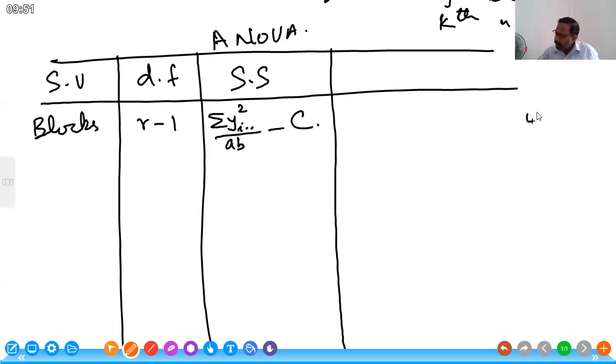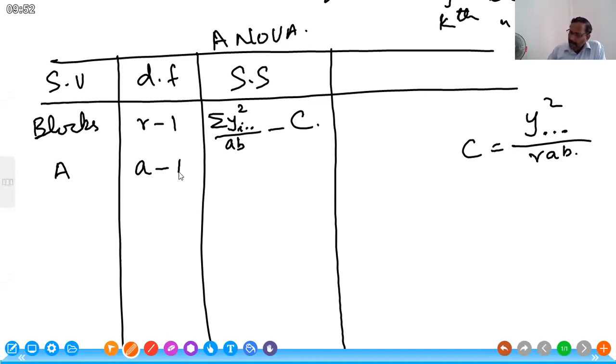What is correction factor? Y dot whole thing square divided by R AB. That is my correction factor. So hereafter, if I say in this example C, that is the same. Right. Write down for factor A, A minus 1 is the degrees of freedom.